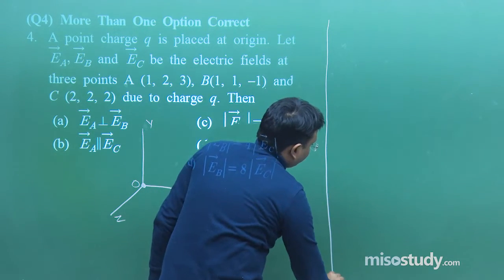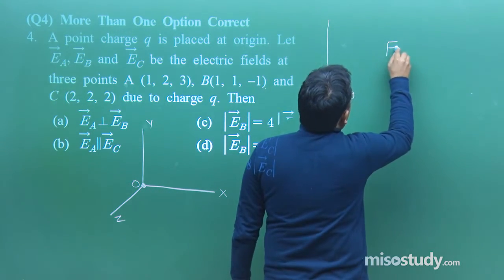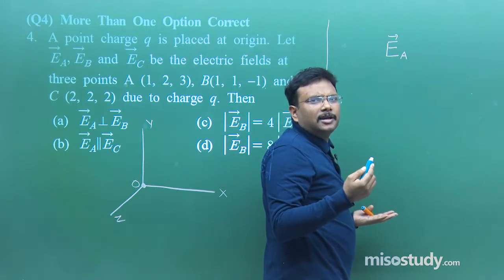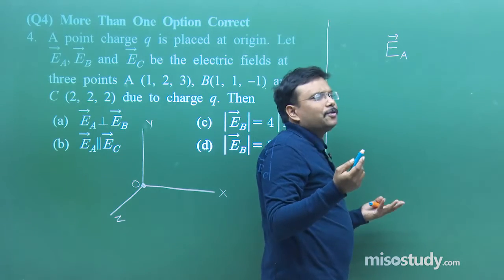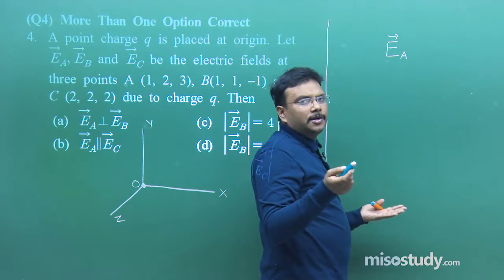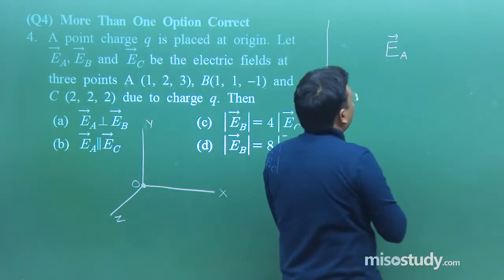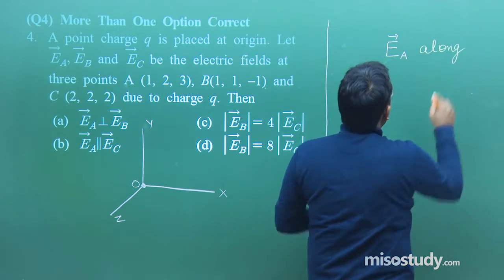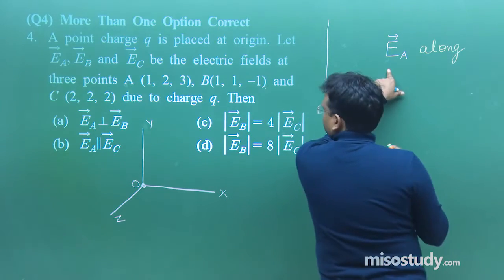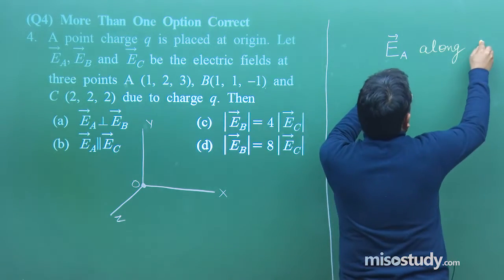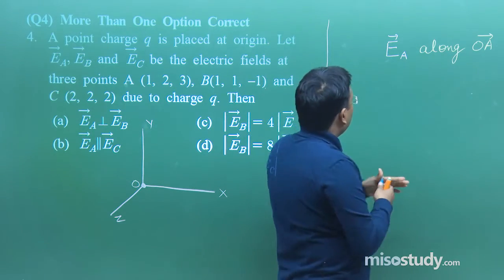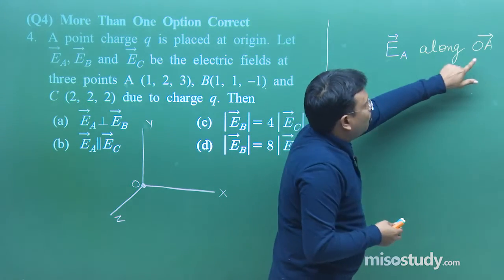EA. It is not required very much that I should write it down, but if a few new students are watching this video, I have to explain it. EA along which direction? Vector OA. Similarly, you can write down EB along OB.